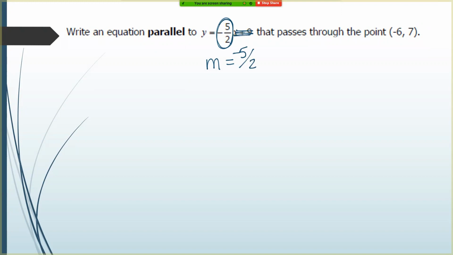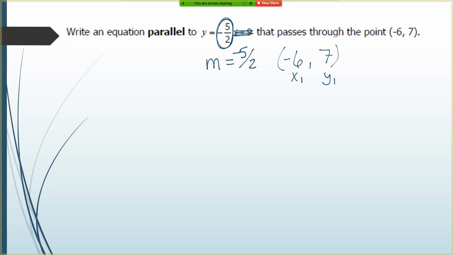The x plus 9 doesn't matter anymore. So for this question, we're stealing the slope because it's parallel, and we're going to use the slope of -5/2, and then we're going to use the point -6, 7 as x1, y1. And then we're going to write our equation like we did when we started point slope form.